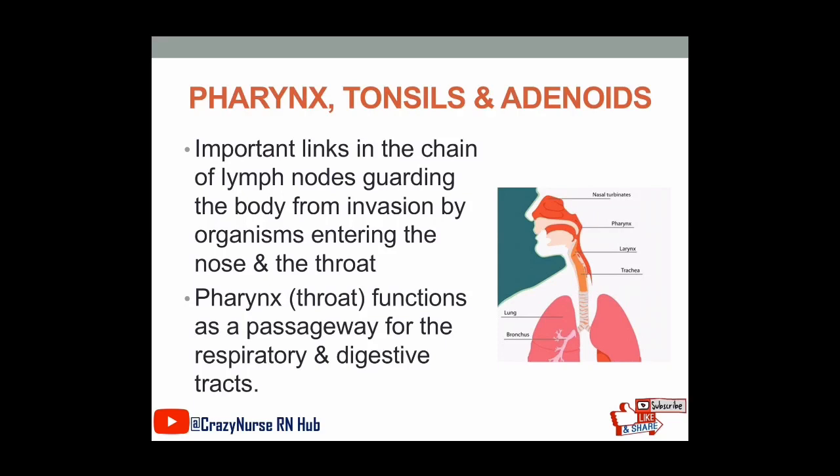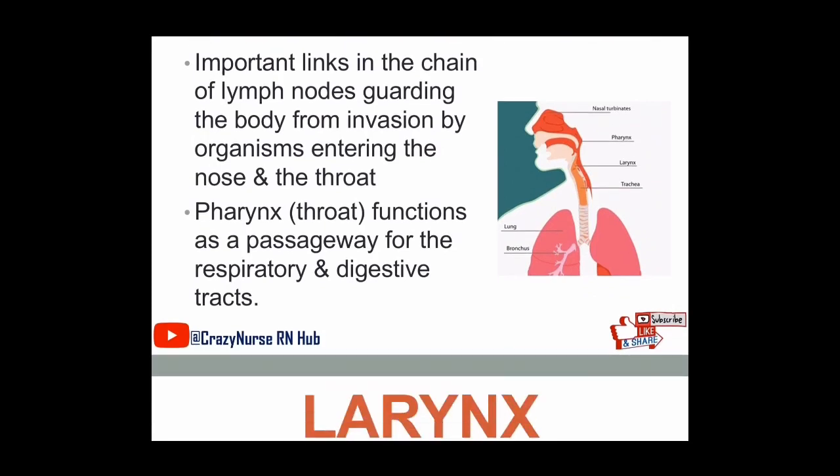Your pharynx or the throat functions as a passageway for the respiratory and digestive tracts. So your pharynx serves as a separator of the two tracts, the respiratory and digestive. These are the functions of your pharynx, tonsils, and adenoids.